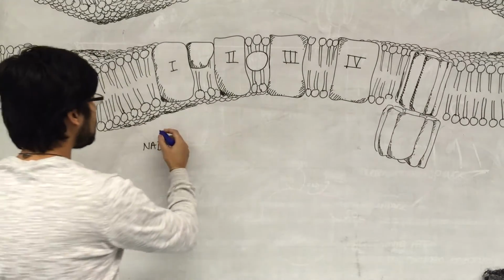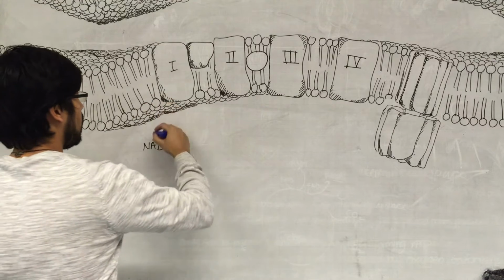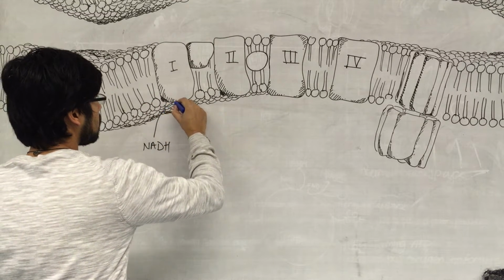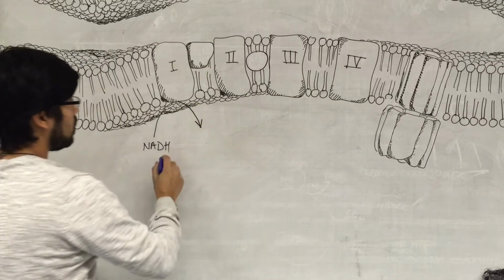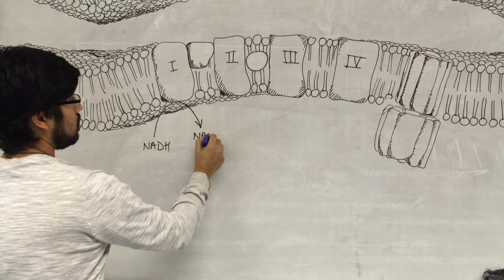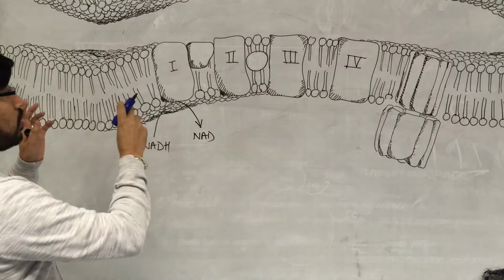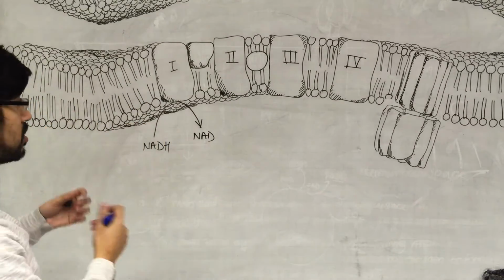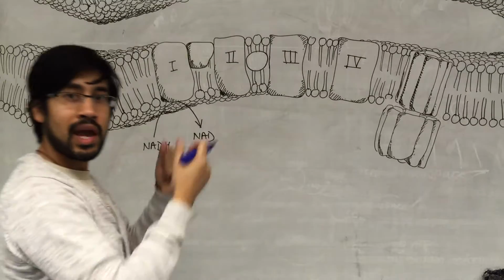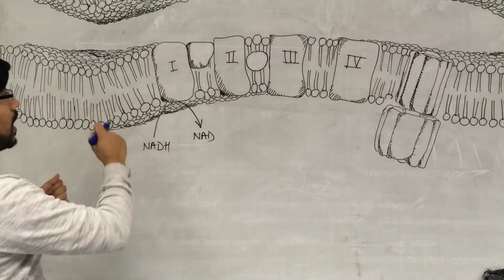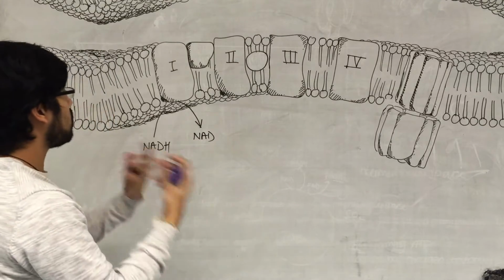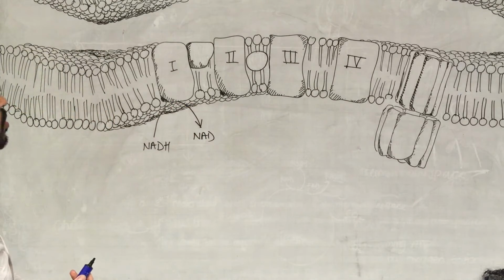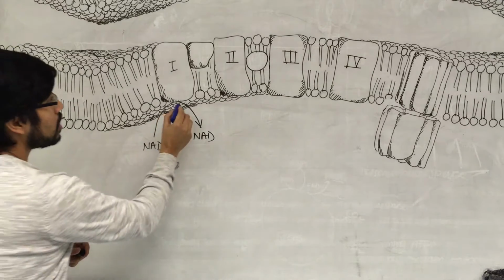So first thing, NADH has hydrogens, and what happens is the NADH is oxidized. Up till now it's been reduced when it carried the hydrogens, but now it gets rid of those hydrogens and gets reoxidized to NAD.